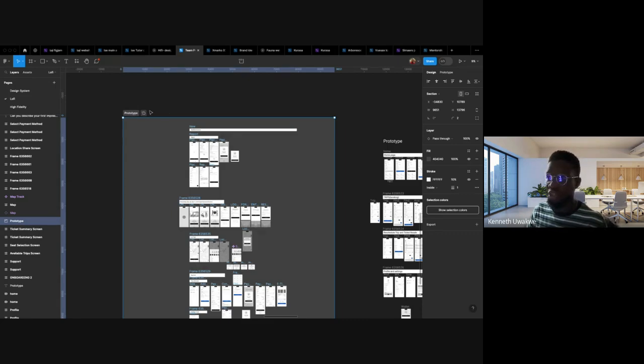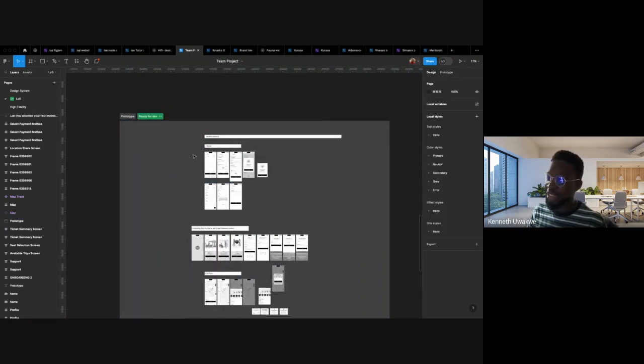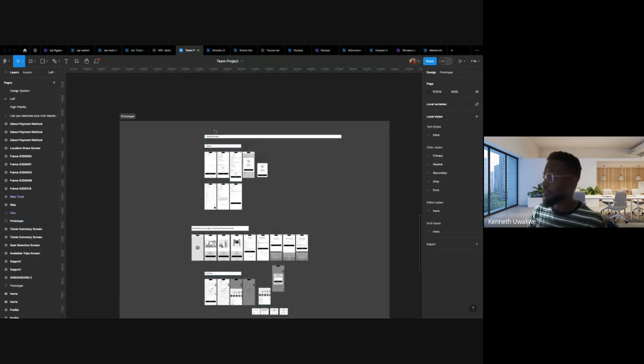For instance, there's a new update on Figma called Mark for Dev mode, or Mark for Dev. If I click on this right now, it already turns green. When developers come here, they can spot that this section is ready for dev mode. So I'm going to revert that.